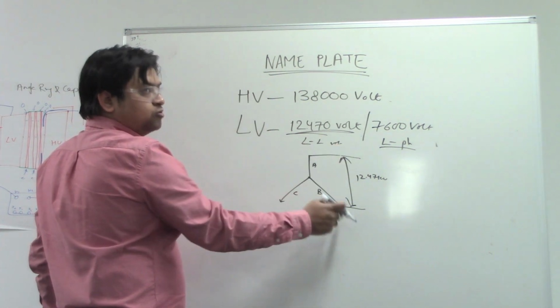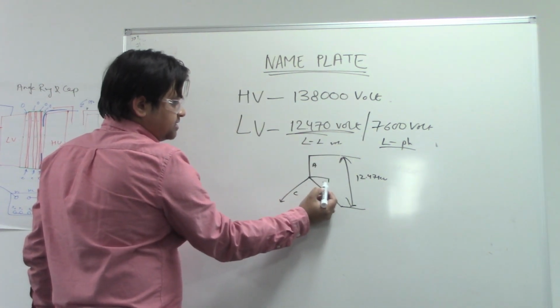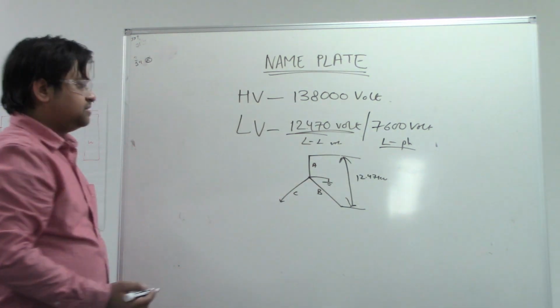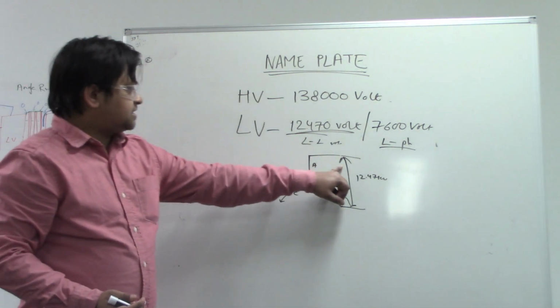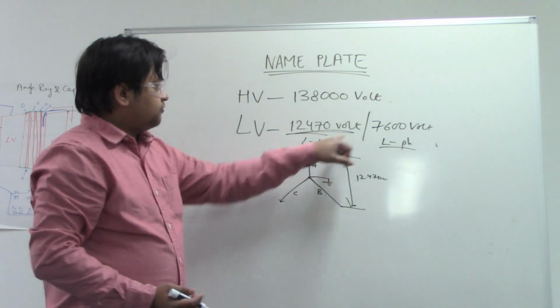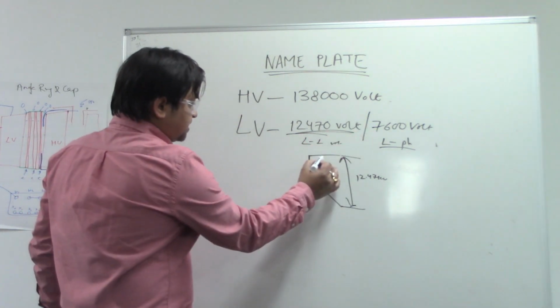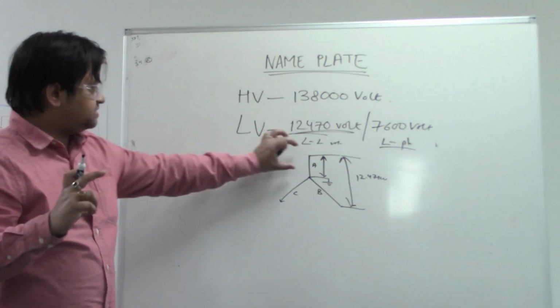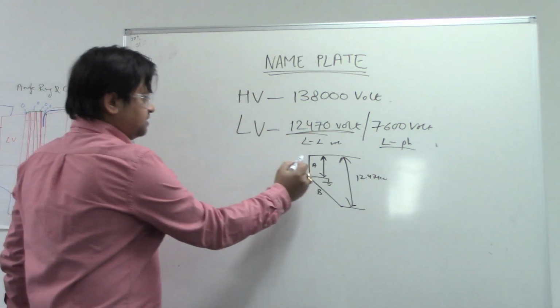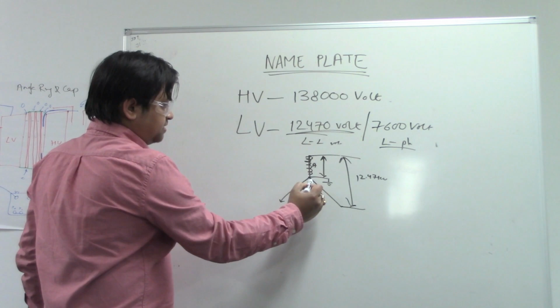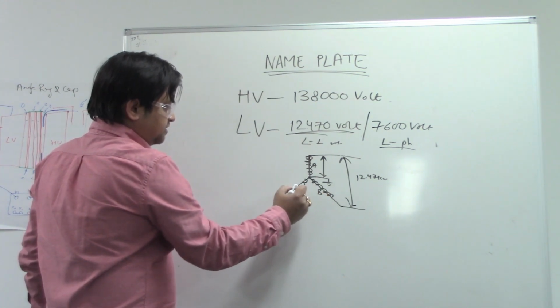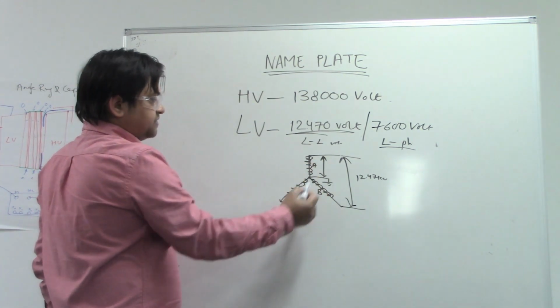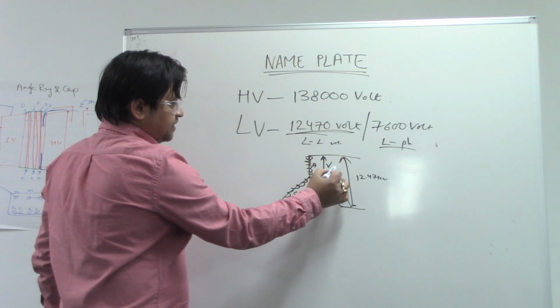So between the two lines, and your neutral is here. So this is line to line voltage. What is the phase voltage? Phase voltage is the voltage of the phase of that coil. You have a coil here, coil here, coil here: A phase, B phase, C phase coil. So this is the phase voltage.